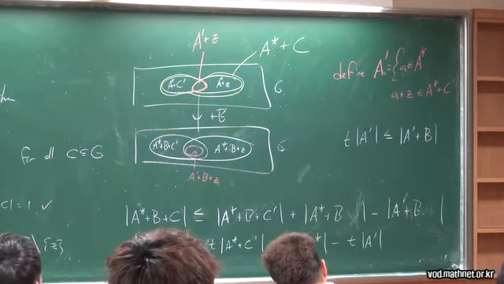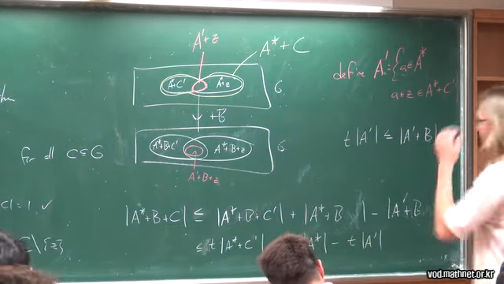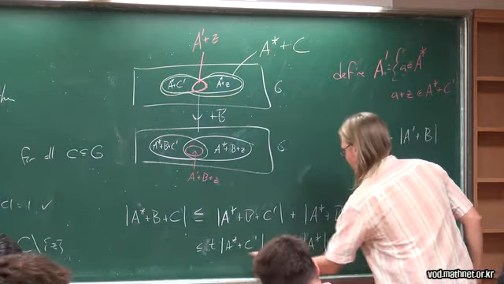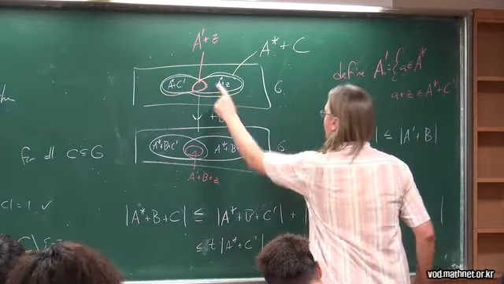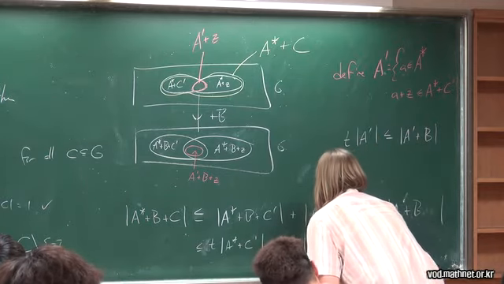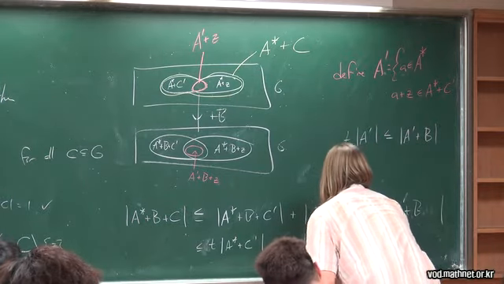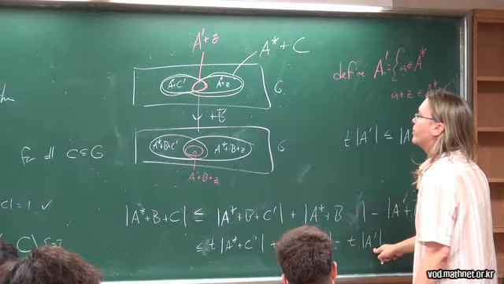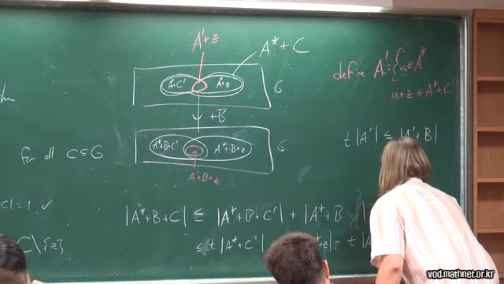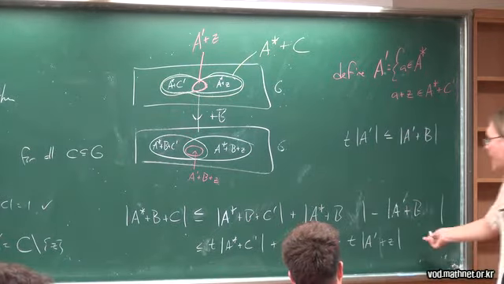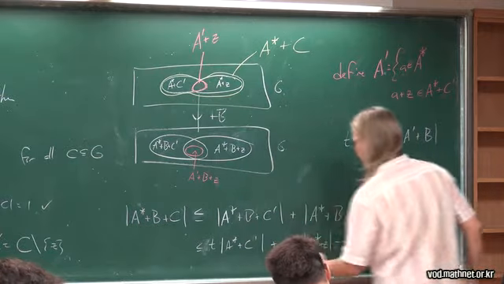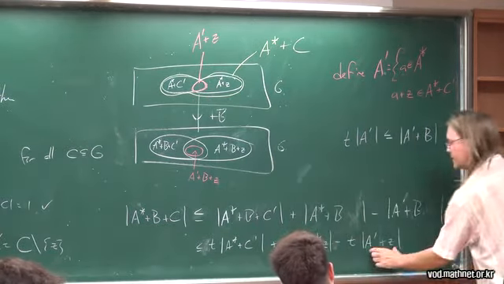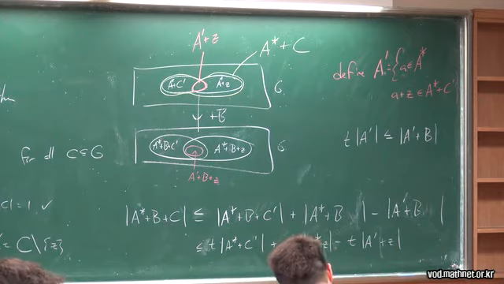So then I've got this line, and now I'm in really good shape. Let me toss in a couple Z's. The size of A star is the same as A star plus Z. The size of A prime is the same as the size of A prime plus Z. But now what you see here is just T times the size of this set plus T times the size of this set minus T times the size of their intersection.